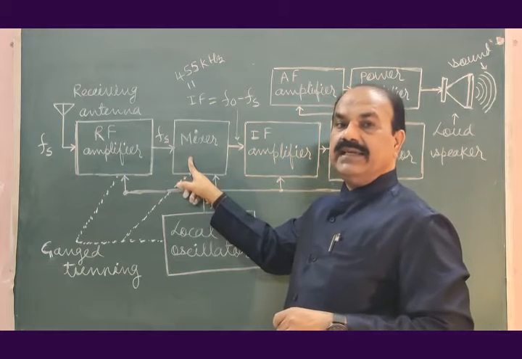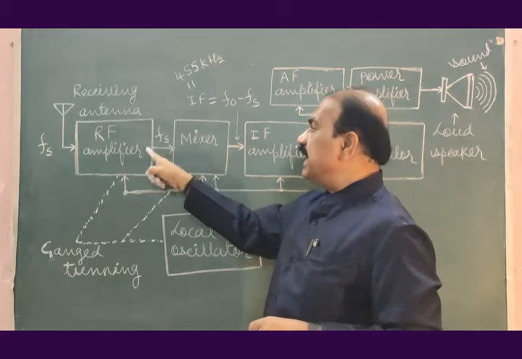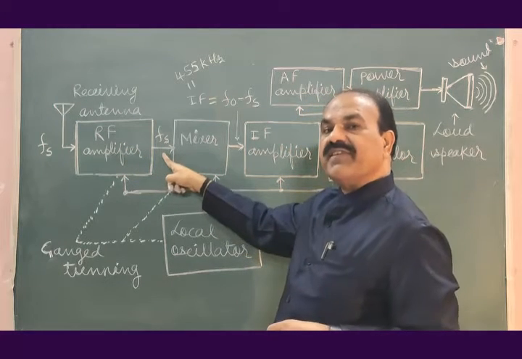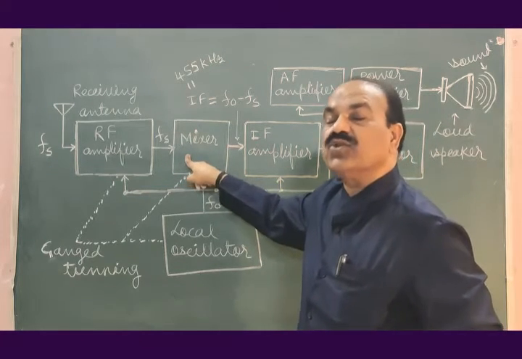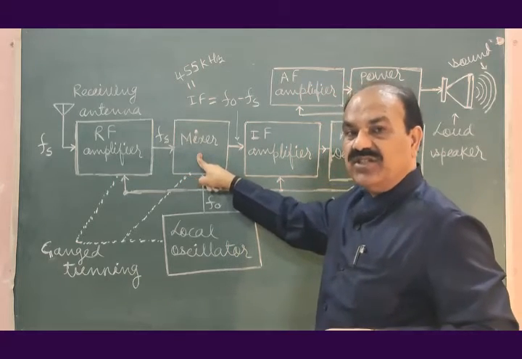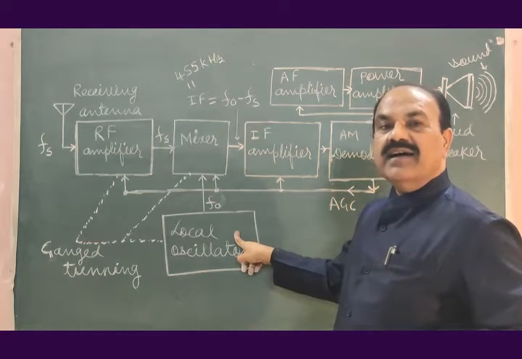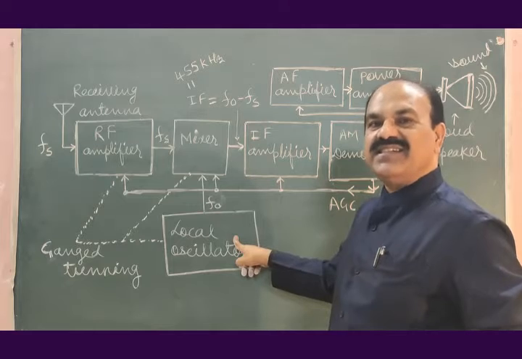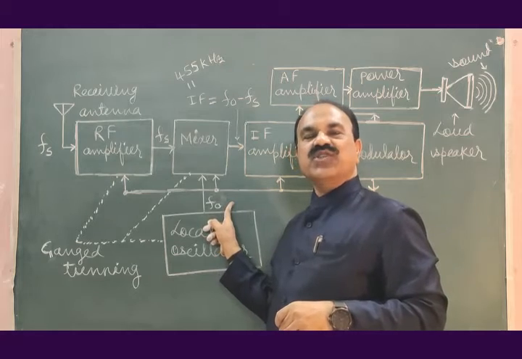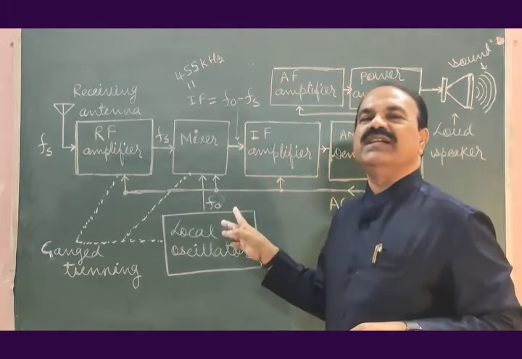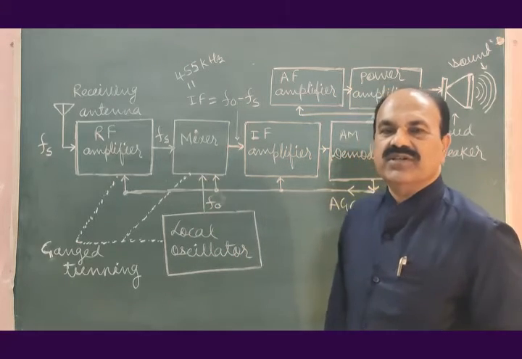At the same time, this is tuned such that it allows the source frequency Fs to enter through one input of the mixer. At the same time, this ganged tuning adjusts the local oscillator, which produces a frequency Fo, the local oscillator frequency, and it is given to the other input of the mixer.